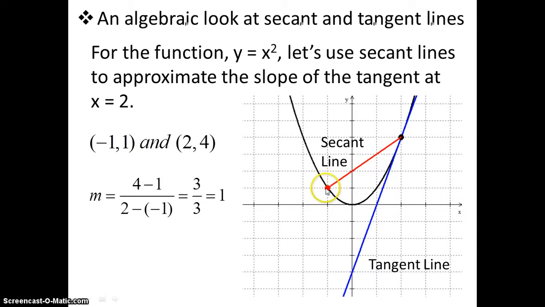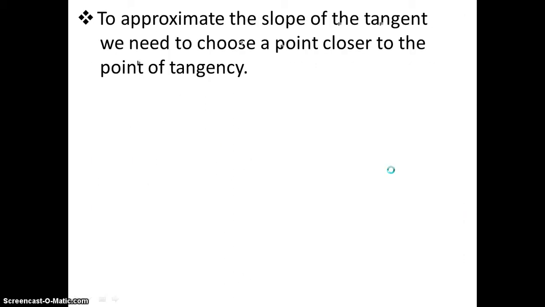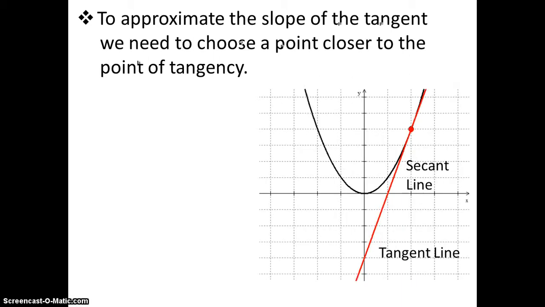So let's move this point closer to my point of tangency. To approximate the slope, we need to choose a point closer. So what I did, or what I recommend you do, is I want to get really, really close to the point 2 without actually equaling 2, but being extremely close. 1.999 is pretty close.